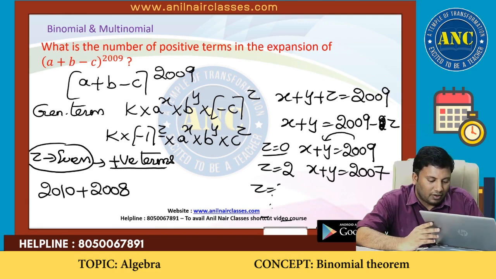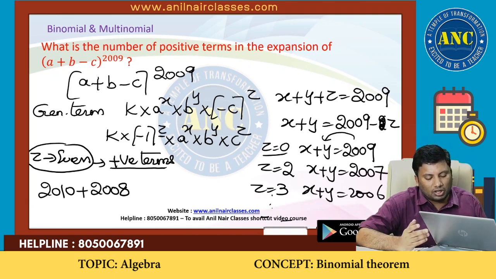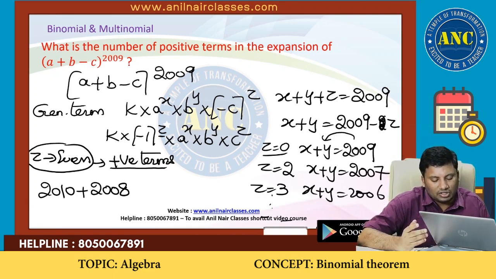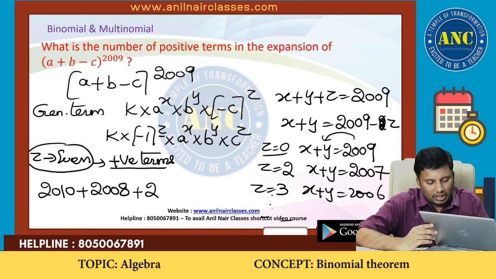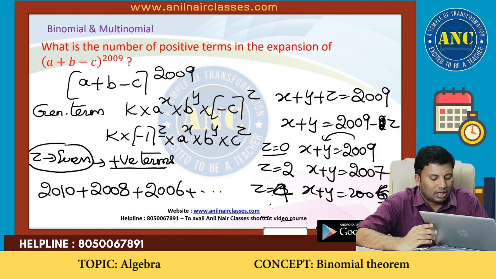If z equals 4, then x plus y is 2005, which gives 2006, and so on. The last one will be 2008.